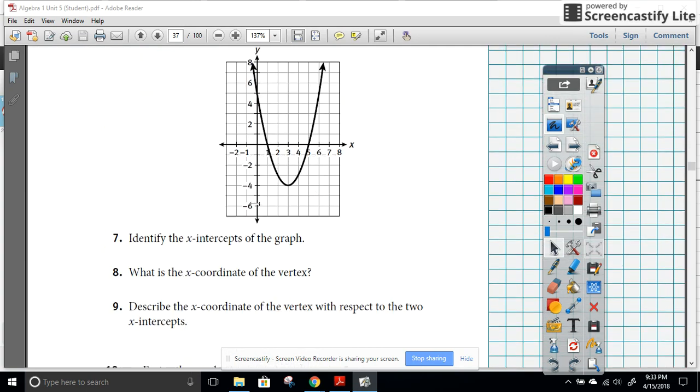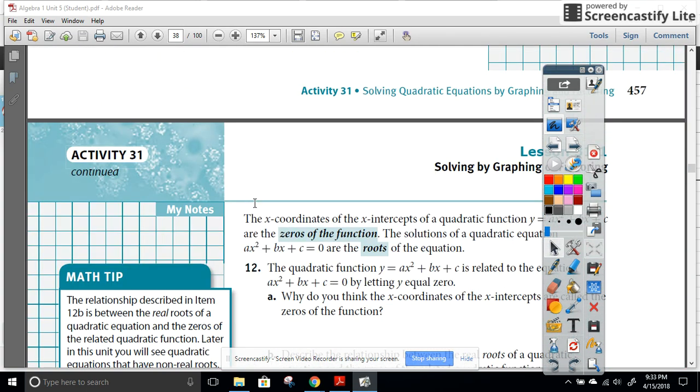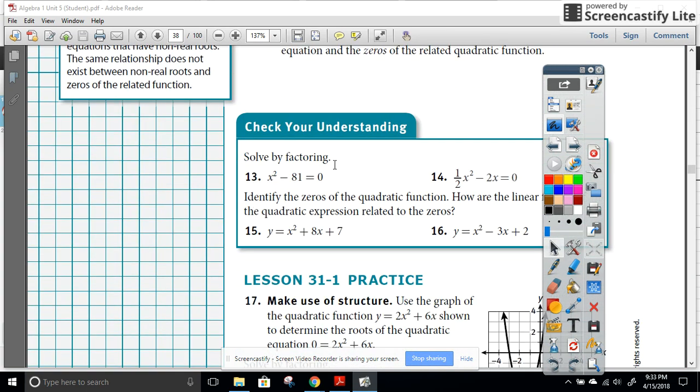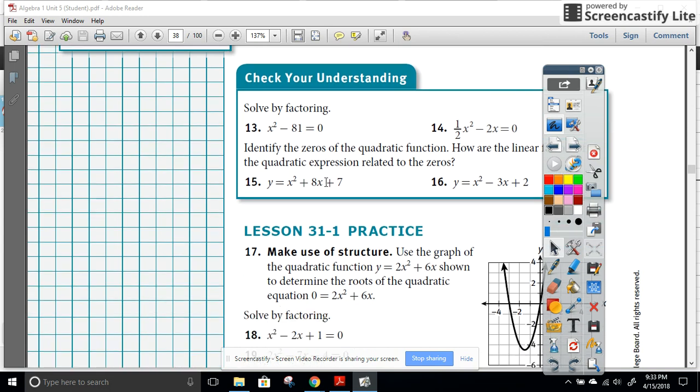Okay, you can skip all of this, and you can go straight to check your understanding, solve by factoring, factor that. That is the difference of 2 squares. No, actually, don't do that one. Your homework assignment is going to be homework or classwork, actually.